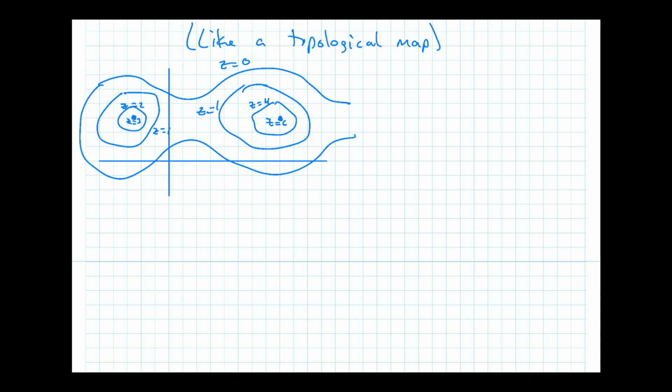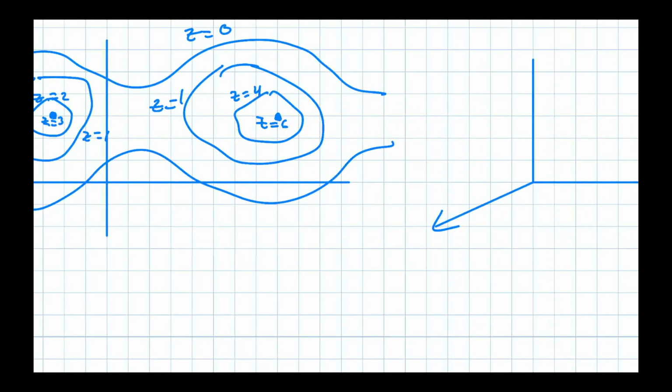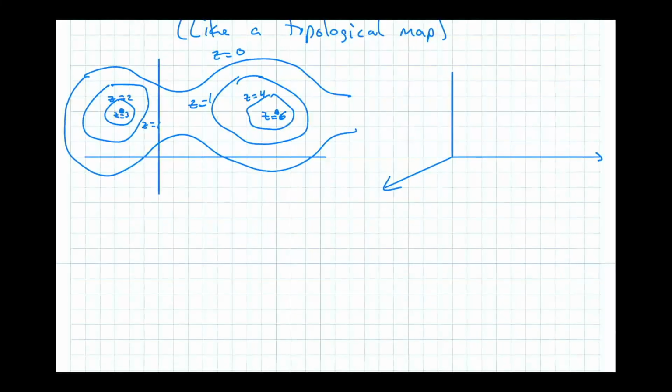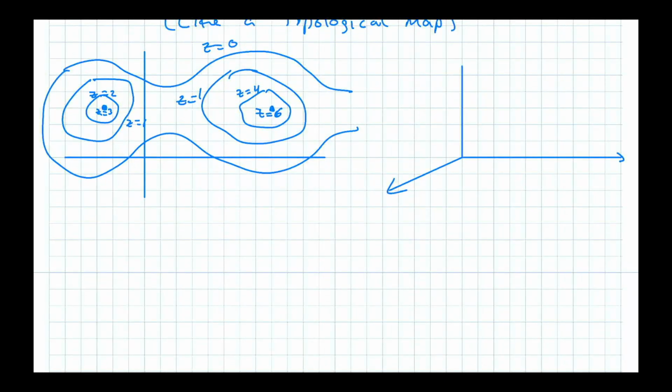If you have some map like that, then again you would be able to make a 2D plot of the map in 3D space. You ask where's the highest point? If this is z equals 6, that looks like the highest point. The way it's drawn, it's over here, maybe at 6, and below that at z equals 4 you have the shape here.